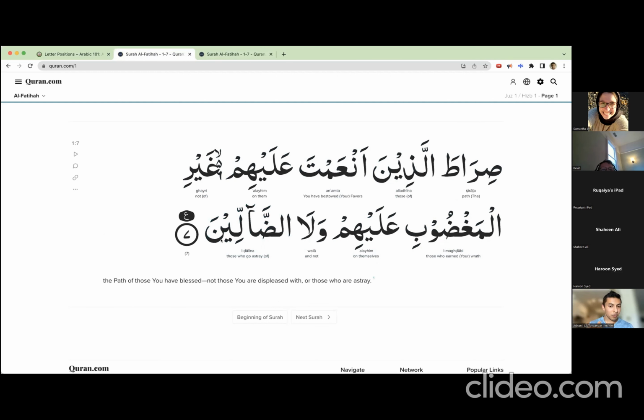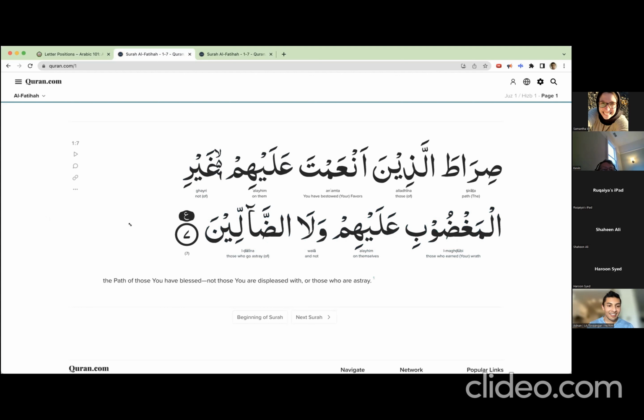So looking at right past where the optional break is, of those who do not go astray, the pronunciation would be ghayril. How do you say that? Here is a ghayn, ra, and that connects with the next verse. Ghayril maghdub.